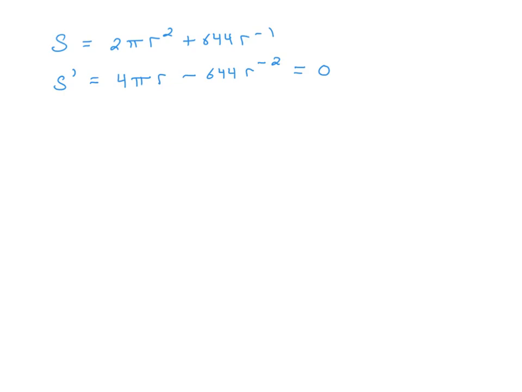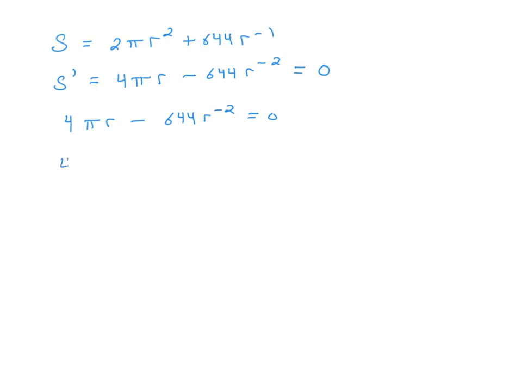So let's see. If I want to solve this equation, a couple of approaches we could take. First, I'm going to rewrite this so we have a positive exponent. I'm going to do that by making a fraction and putting r squared in the denominator.